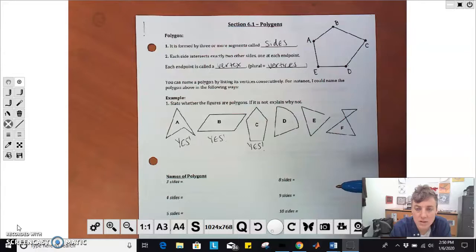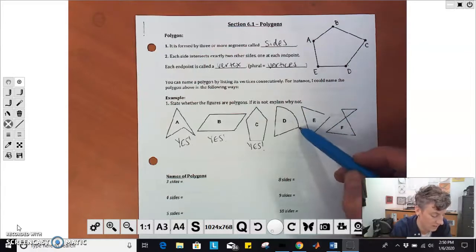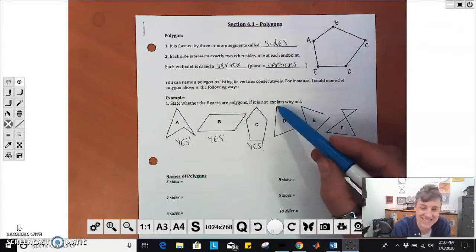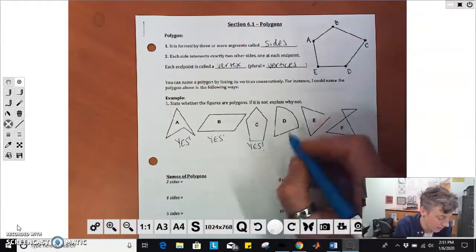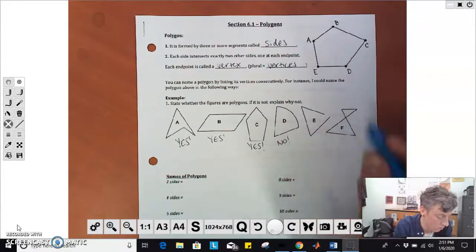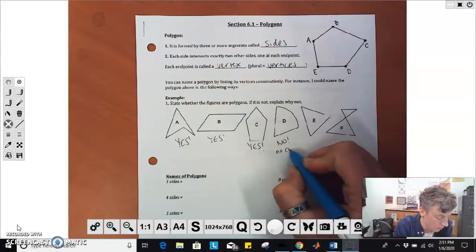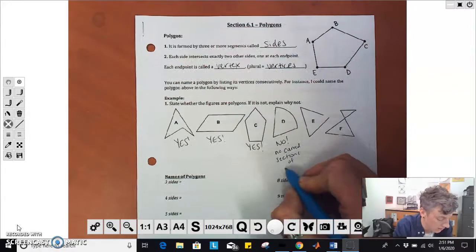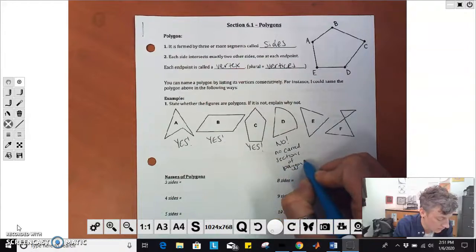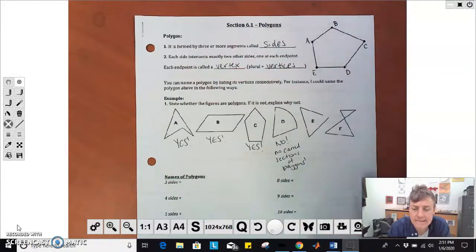D. Is this a polygon? No. Why not? Because that part right here is not a segment. It's not part of a line. No curved sections of polygons. How about E?